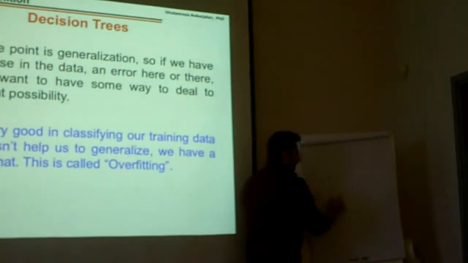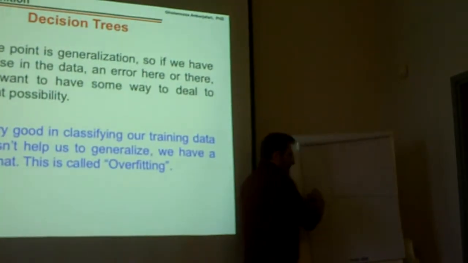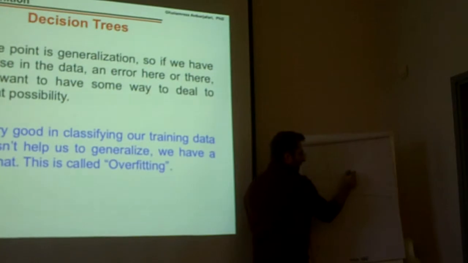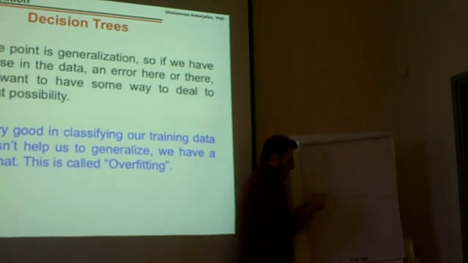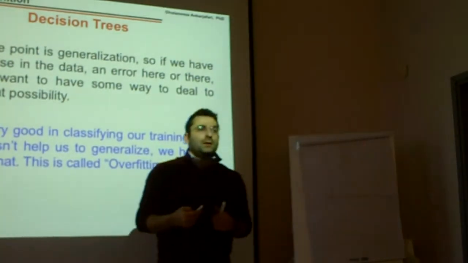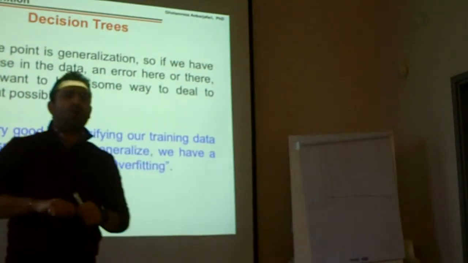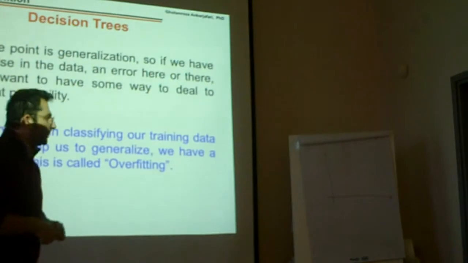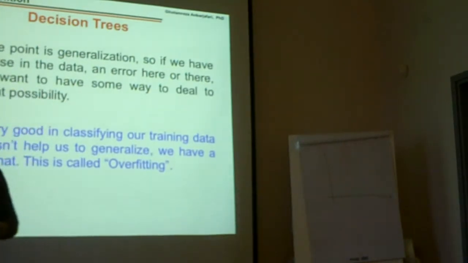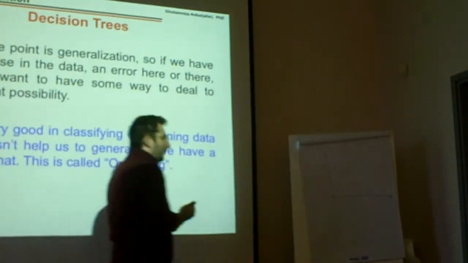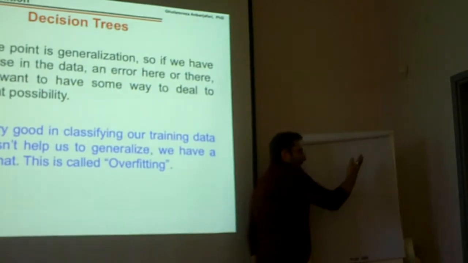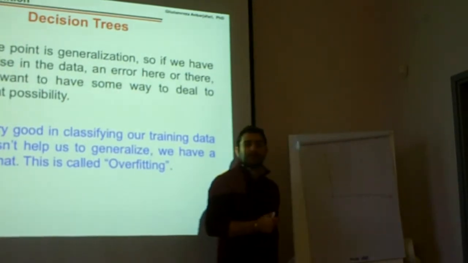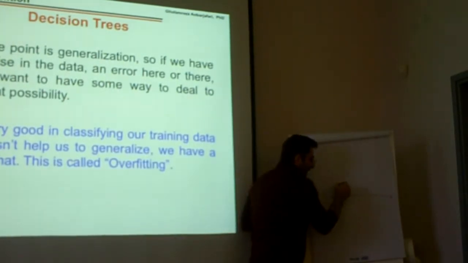We have our data, okay? Can you tell me what the overfitting is? If I have an overfitting problem in this example, what should be the overfitting here? If I want to, let's say, fit a function, it will go through all of the points. Yes, it will be this.